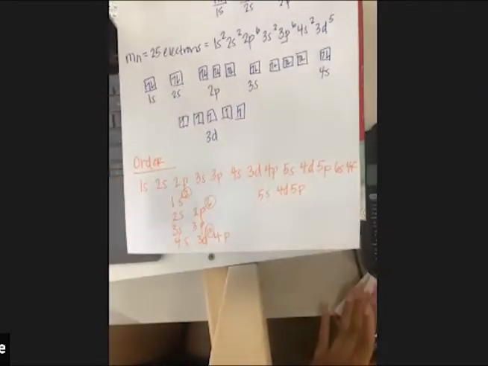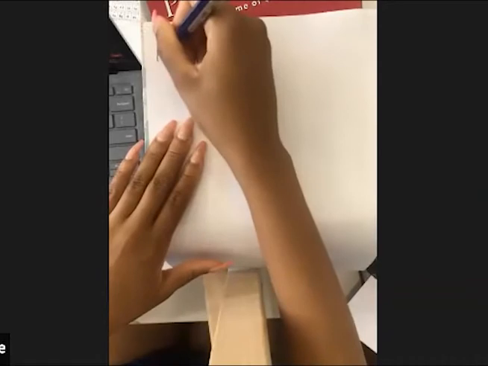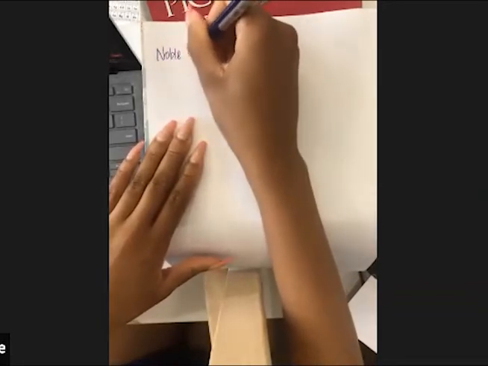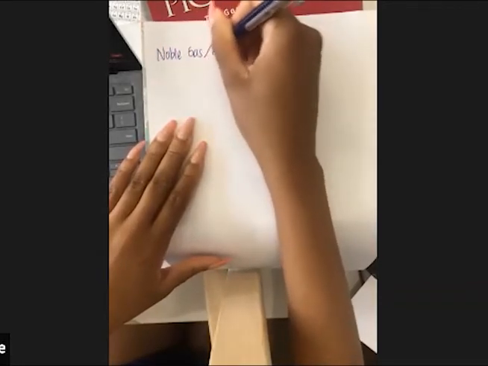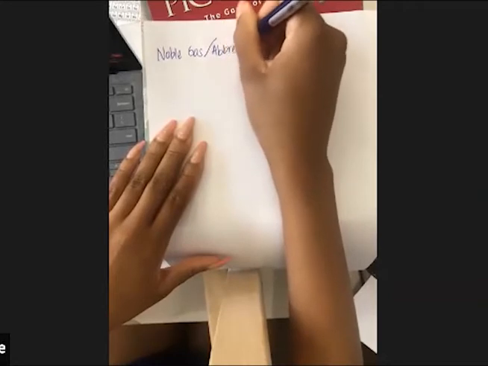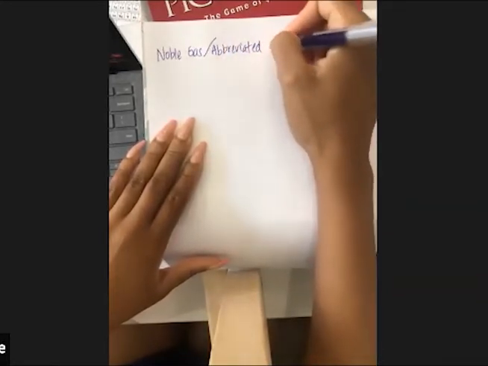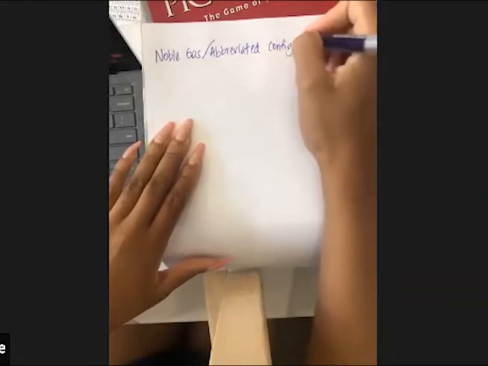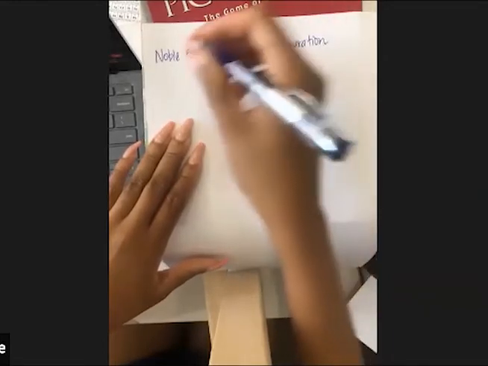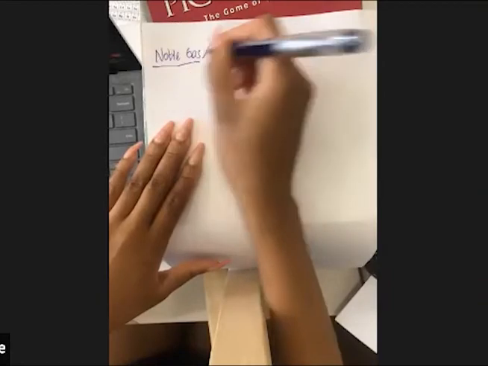That is a much simpler way to write it. And you're basically writing what it ends in. So the noble gas or abbreviated configuration, it just depends on how they say it.